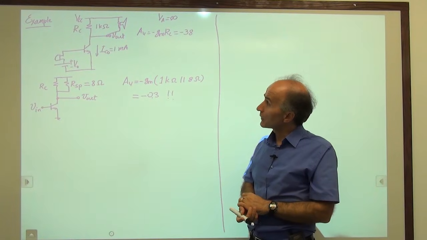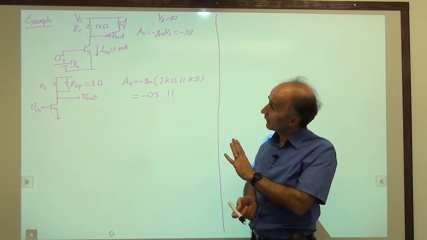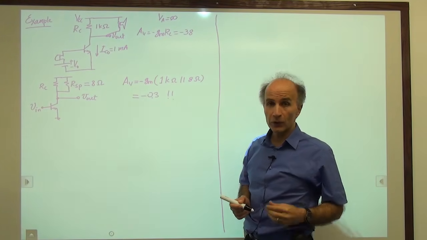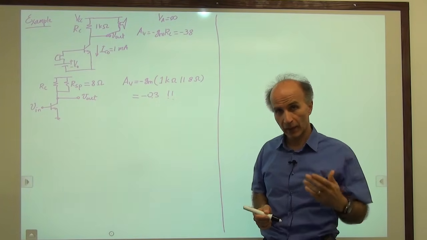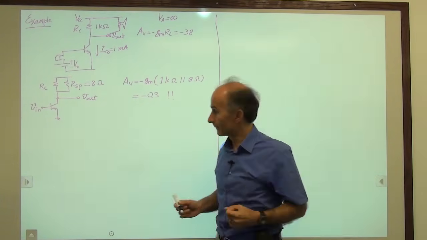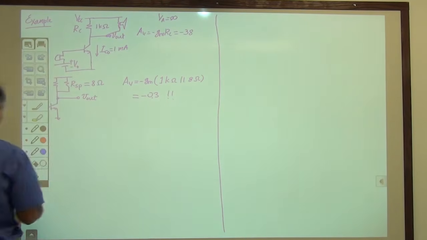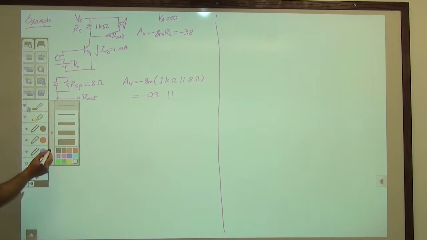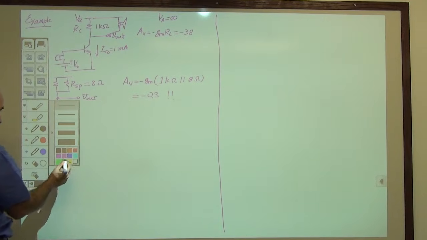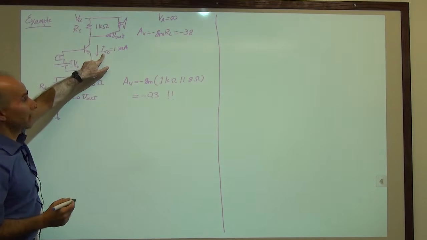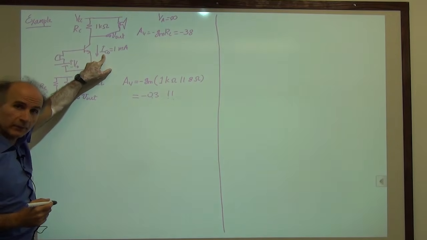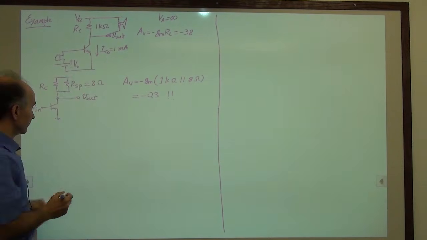Okay, all right, so let's think about this, and I will show you a small change in the circuit, and we'll examine the situation again. So let me draw the circuit again using maybe red, and this time I will change this bias condition from 1 milliamp to 10 milliamps.